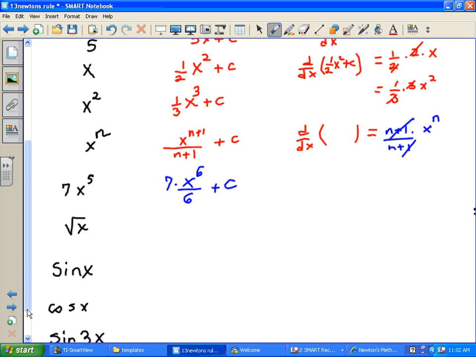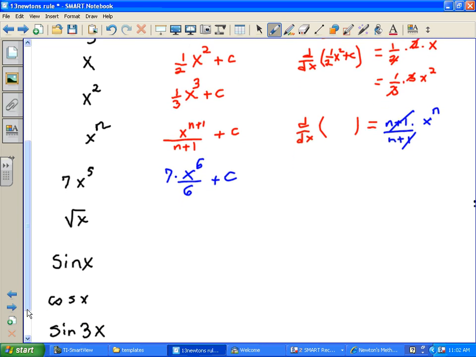Antiderivative of root x. Root x is the same as x to the 1/2, right? What would be the antiderivative of that? Add 1 to the power, which would give you 3/2.